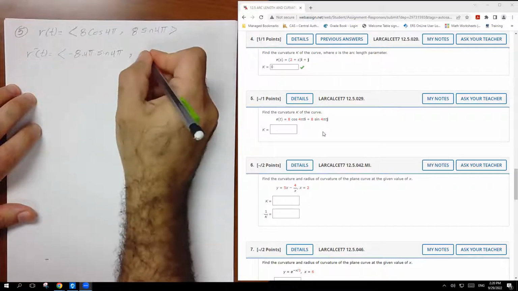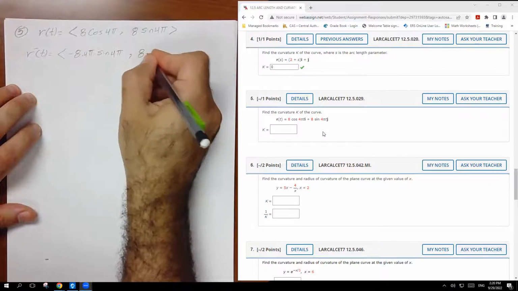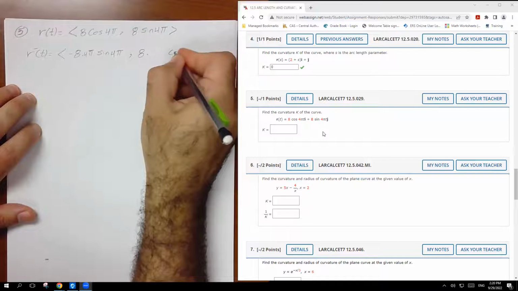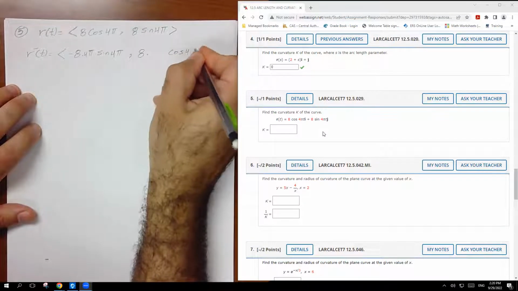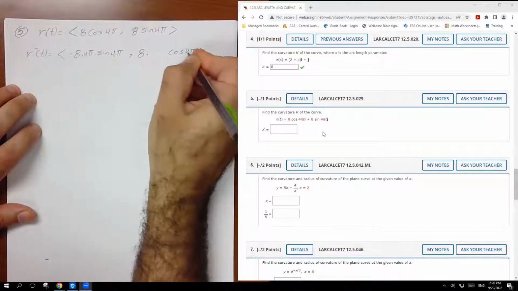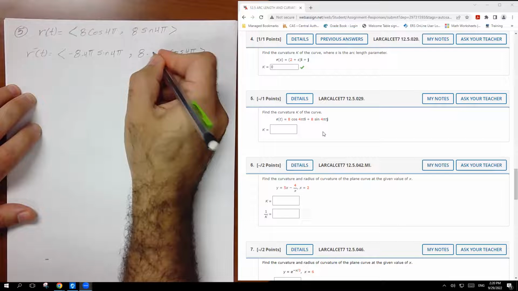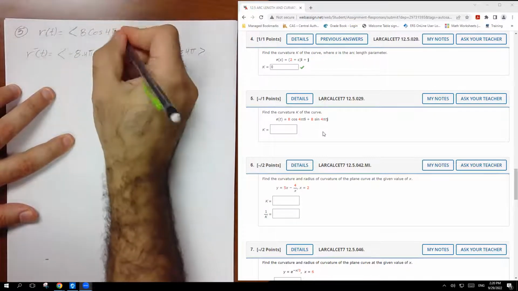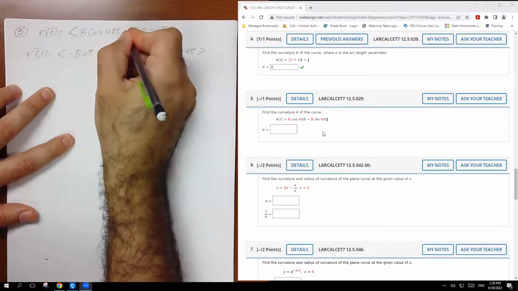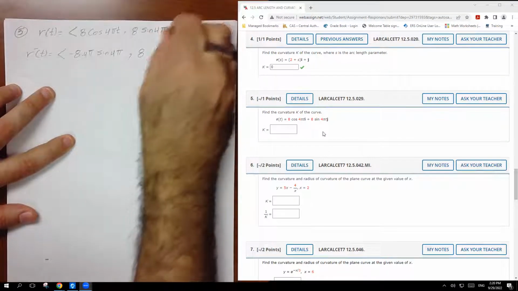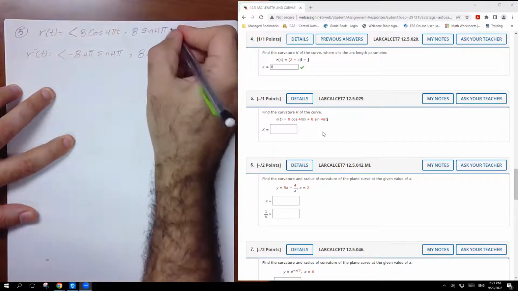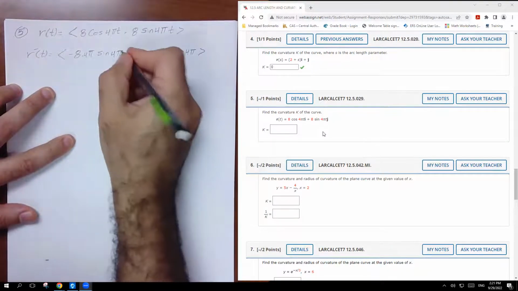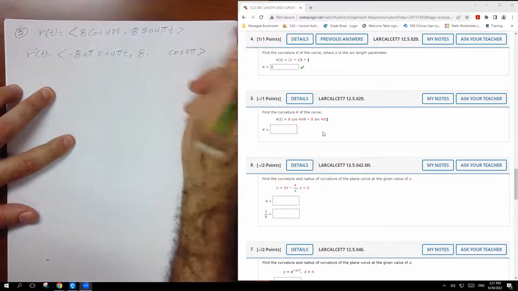And here it's the same thing: 8 sine, the derivative of sine is cosine 4 pi t, and the derivative of the angle is 4 pi. I forgot the t. So we have to find the derivative with respect to t, here is the t, and here is the t.